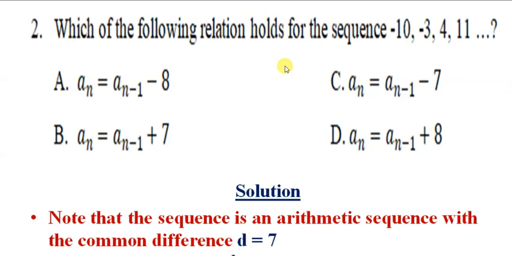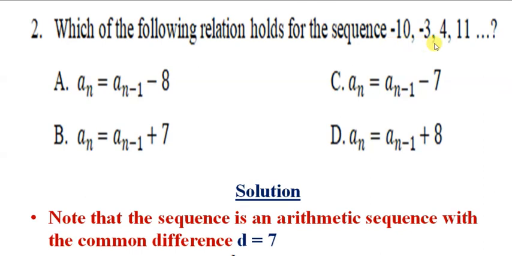And now the question is, which one of these relations is clearly true about the given sequence? Now, the first thing is, we have to check whether this sequence is arithmetic or geometric or neither.